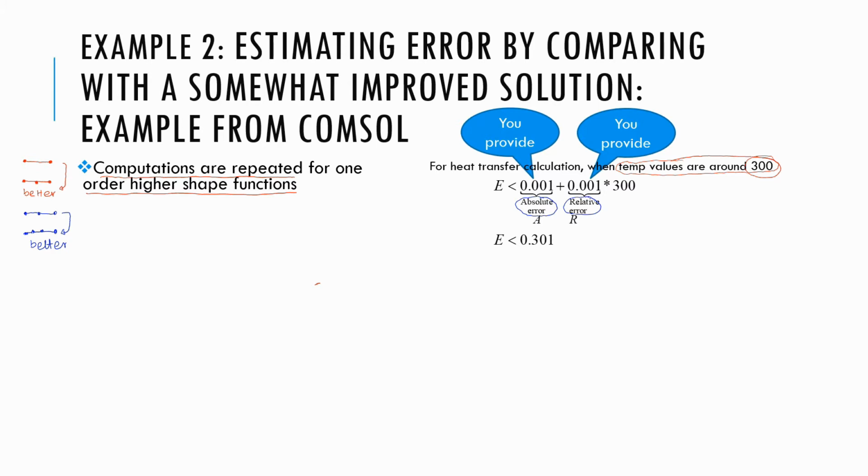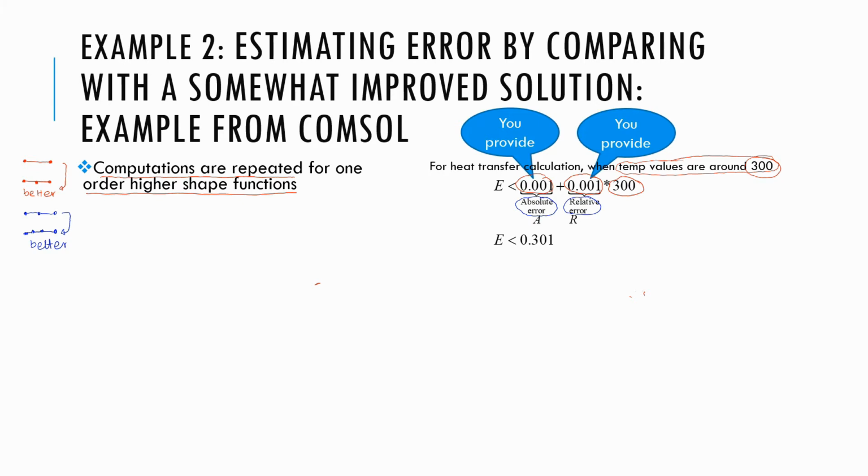Then the values that you provide are used this way. This 300 is multiplied by the relative error that you provide and added to the absolute error. So in this case, you provided 0.001 in both cases, and they don't have to be the same, of course, they can be very different.